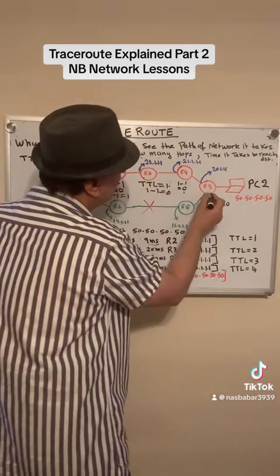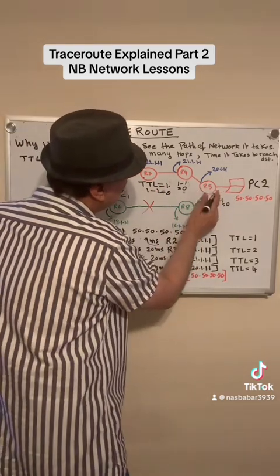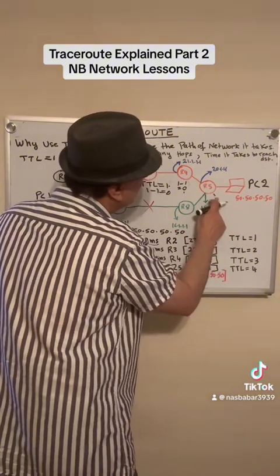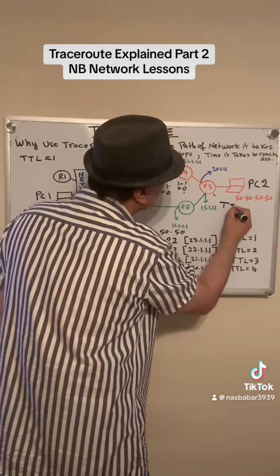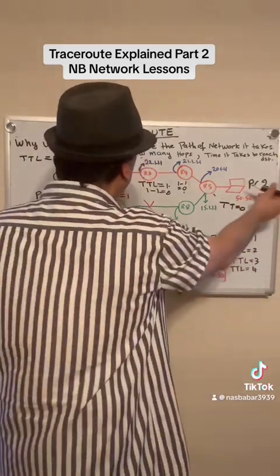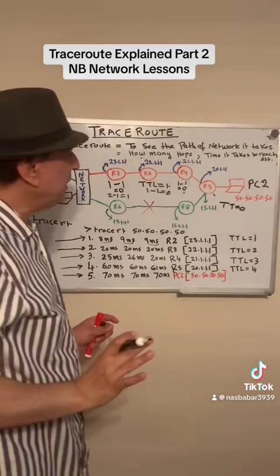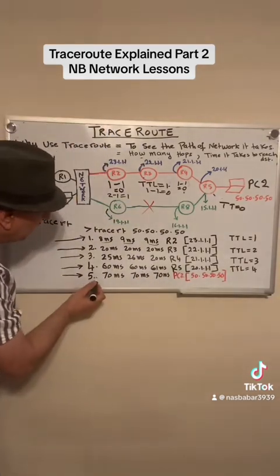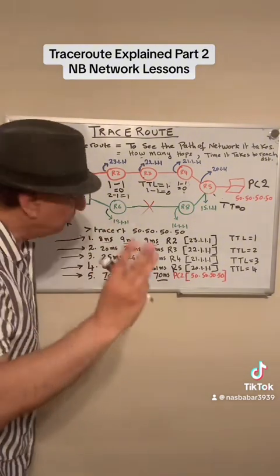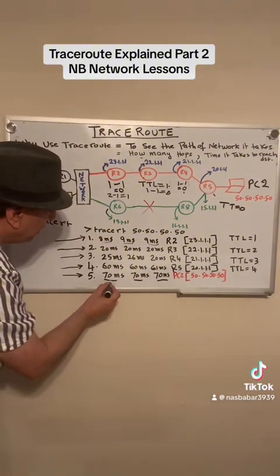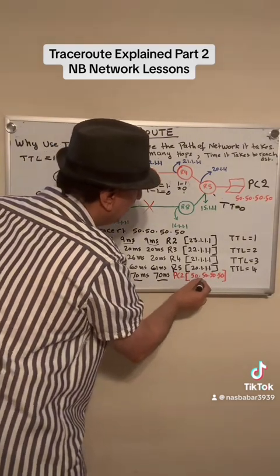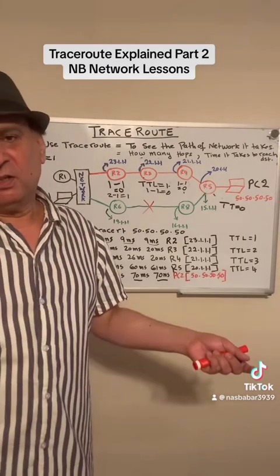And then when the ICMP reaches R5, at that point your TTL is 0, but you've reached your destination. So then you get a message back saying, hey, the trace is complete, and this is the final one. It took 70 milliseconds. We tried 3 times, and every try we got 70 milliseconds to get to our destination, 50.50.50.50. So that's what traceroute is.